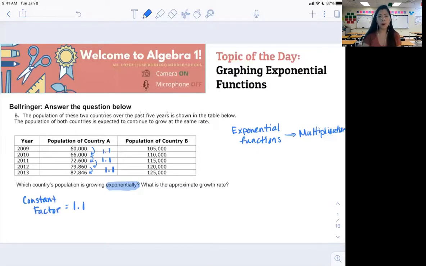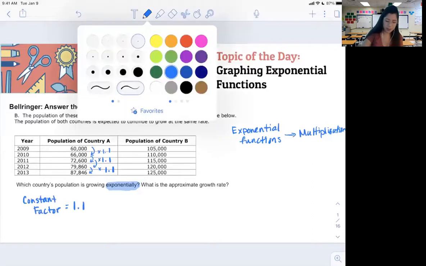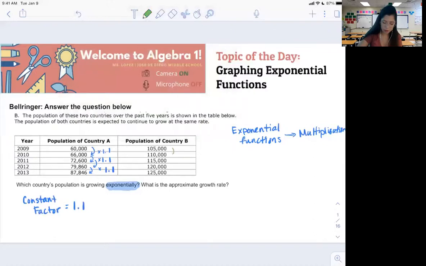Look at population of country B. What's going on in that one? It's a constant change. Constant what? Rate of change. Because what is happening in country B? It's adding 5,000 every year. Good. Plus 5,000, plus 5,000, plus 5,000, and so on.